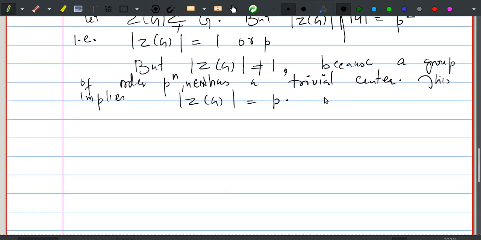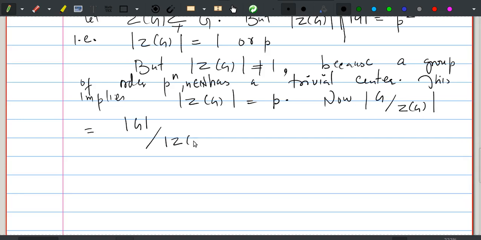Now let us consider the quotient G mod Z(G). The order of G mod Z(G) is the order of G divided by the order of Z(G), which is p square over p, and that is equal to p.